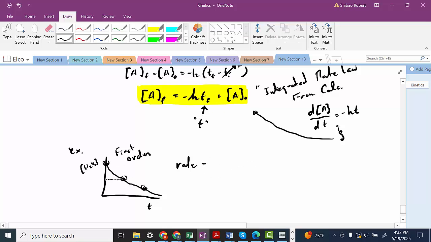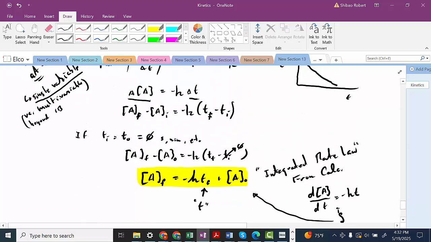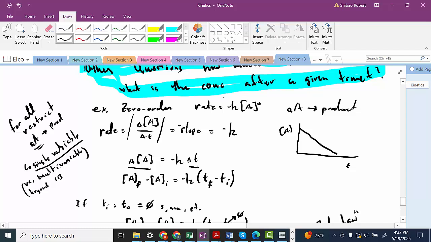Now, the rate law for this is the rate is equal to... I made an error here. This is not minus k. Sorry, it's just k. I need to correct something. This is where k is the negative of the slope.